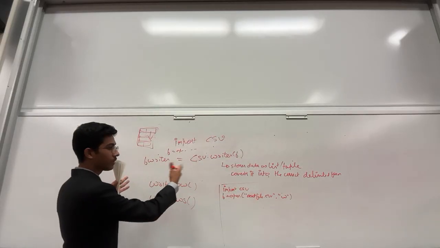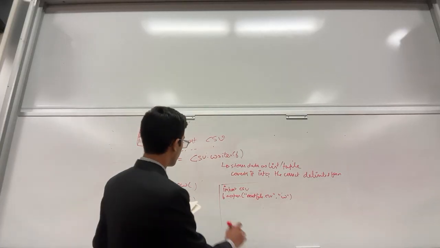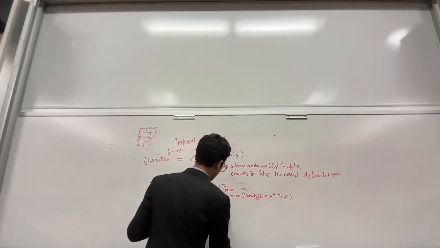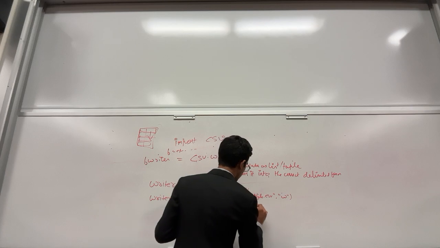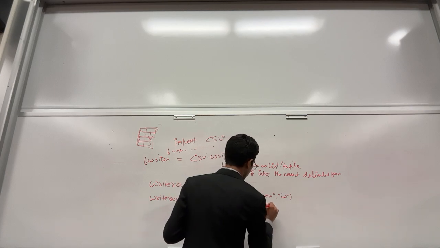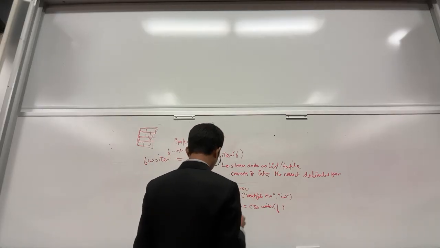Now I need to call my writer object to convert it into the correct format. So I'll use fwriter, or let's just call it cat writer. Cat writer is equal to csv.writer, and in parentheses f, which is the file where I want it to be written. Okay, I did that.